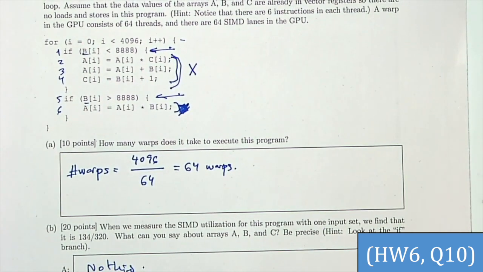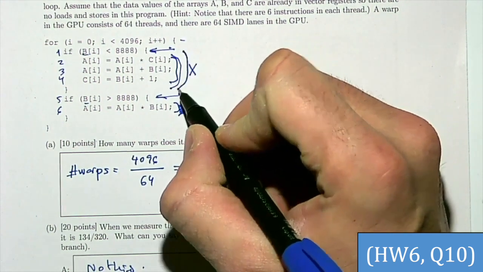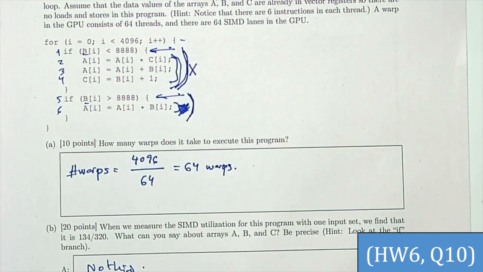Because in the end, in part B, we discovered that there were 2 threads in every warp that are executing the same path, right? And this means that you have 2 threads. So if you want to decrease the utilization, instead of 2, use 1, right? And so this way, the way to achieve the lowest utilization is to have 1 single thread going through this path and 1 single thread going through this path.